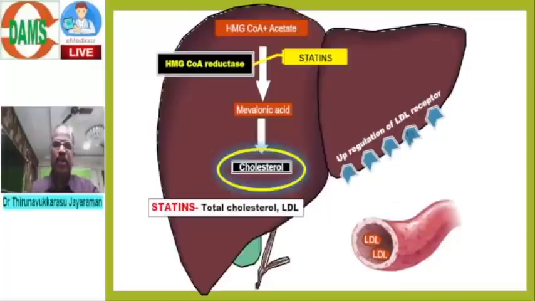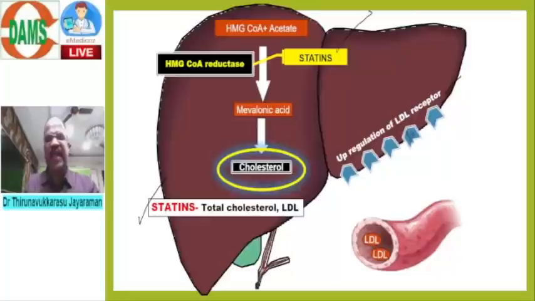Look here. Actually, whenever we use a statin, it will reduce cholesterol synthesis. When you are decreasing cholesterol synthesis, there will be upregulation of LDL receptor in the liver. This causes engulfing of LDL into the liver, thereby statin decreases total cholesterol and LDL cholesterol.